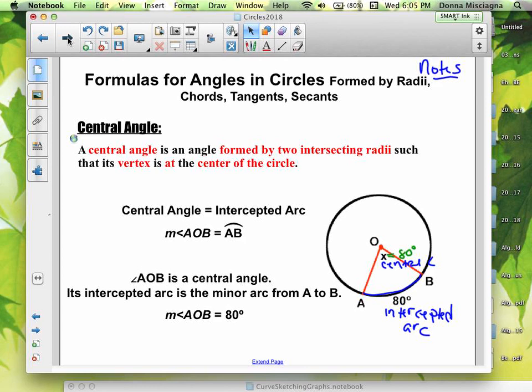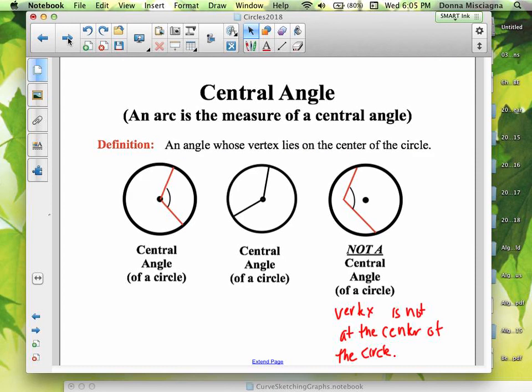And we're waiting for the page to turn. All right, so what is and what is not a central angle? So the central angle and the arc and its intercepted arc have the exact same measure. All right, and so, well, some of these are central angles and some of these are not, right?